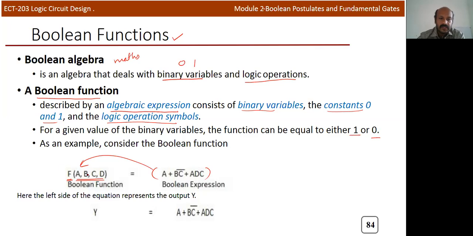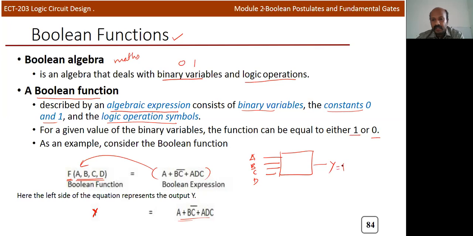In simple terms, if you represent the output of the system as y, I can say that y is equal to a plus b c bar plus a d c. In this way also you can represent. Either you can write f of a b c d, or simply f or y. If this is a logic system with inputs a, b, c and d, and this is the function, let it be y, the output.